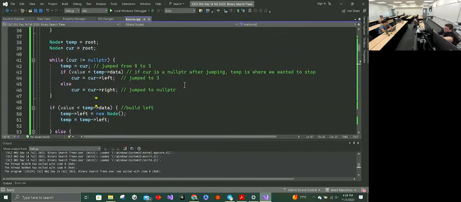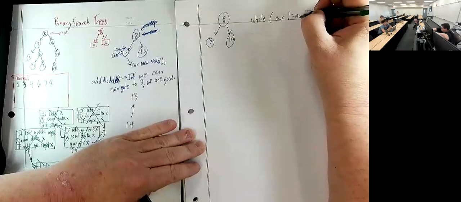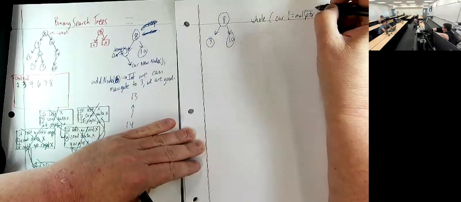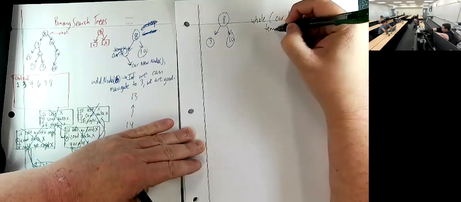So maybe showing it pictorially might make it a little clearer. We had 8, 3, 10. So the code is while current does not equal the null pointer, temp equals current.